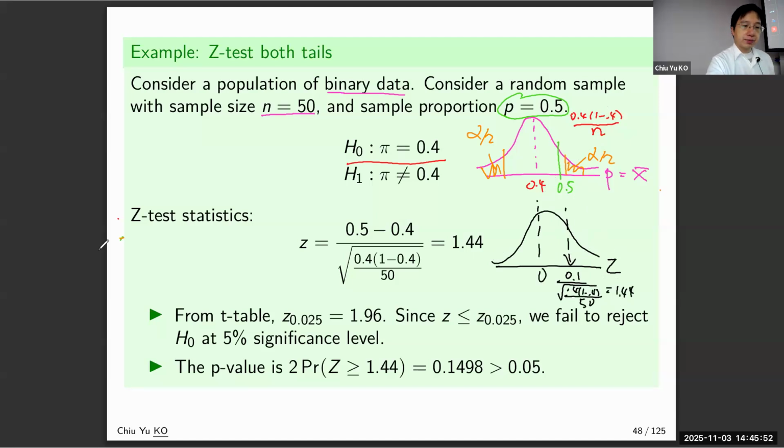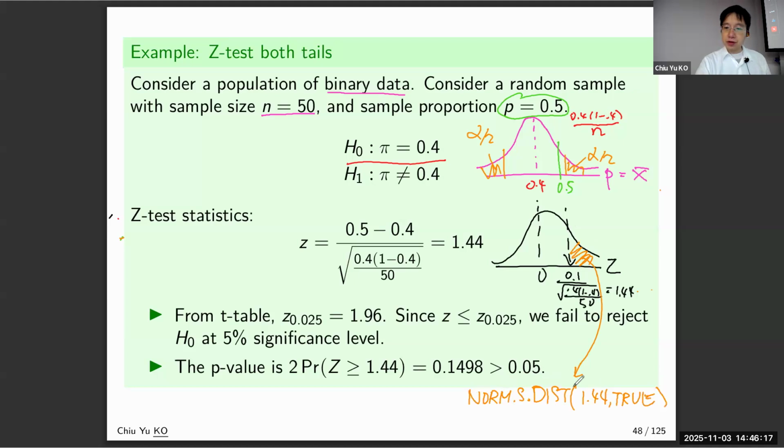So what you're going to do is calculate this area, multiply by 2, and that is the p-value. So this area will be norm.s.dist of 1.44, true.